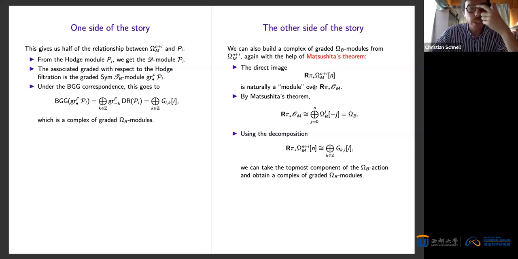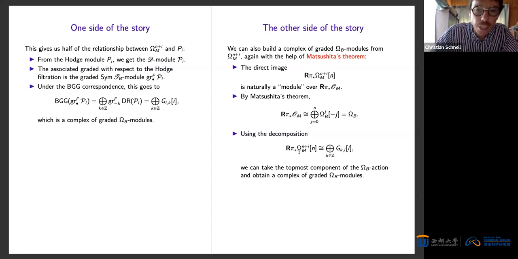And then what I can still do, so this is a step I'll be a little bit vague about, I can take some kind of associated graded of this complex. This push forward complex actually has a natural filtration called the perverse filtration from the decomposition theorem.